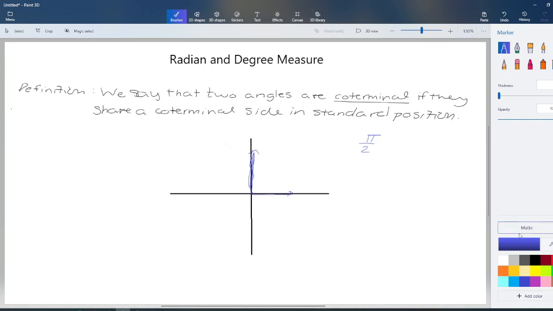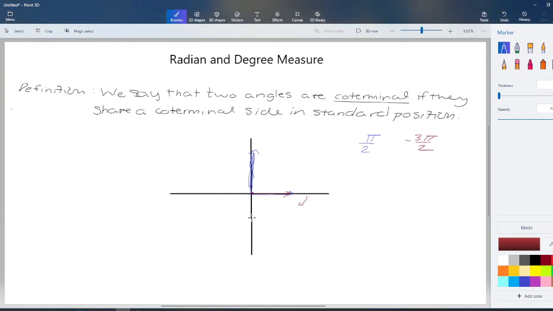Then if we look at the angle negative 3 pi over 2, I like to do this in a different color so we can see the difference here. Okay, so if we're looking at the angle negative 3 pi over 2, remember we're still going to start with our vertex here and our initial side along the positive x-axis. Then our negative angles are going to open downwards.